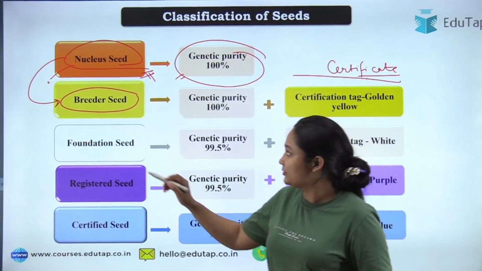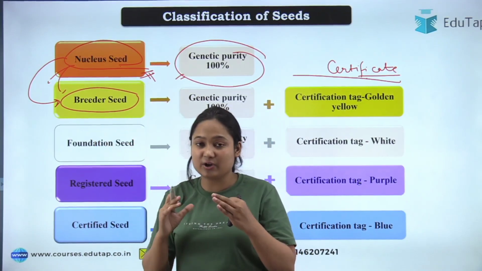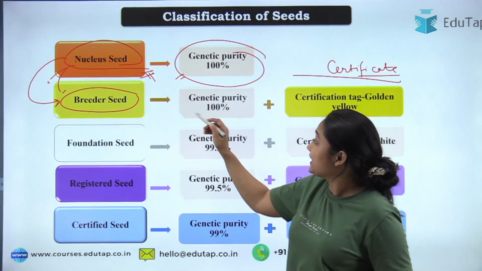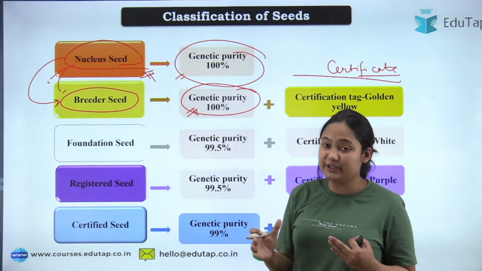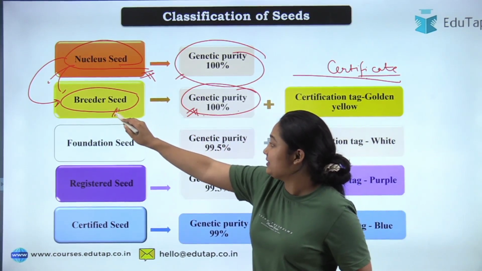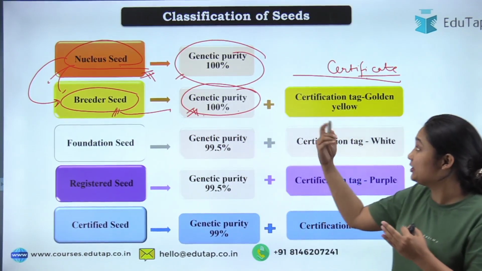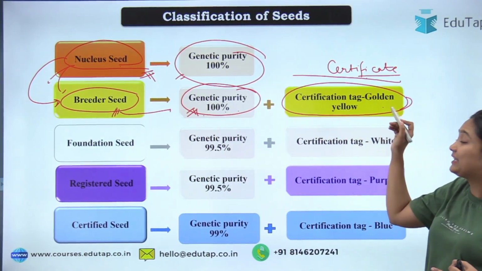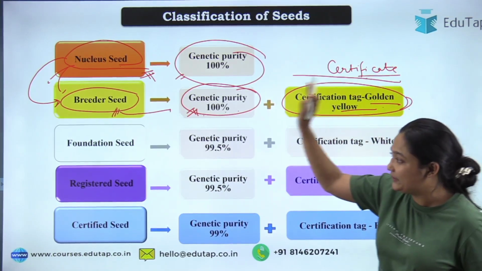They multiply your nucleus seed under guidance and supervision. Again, they will try to maintain the genetic purity at 100%, and of course it will be monitored and analyzed again. Then if the breeder seed's genetic purity is found to be 100%, you will be given a certification tag, that is a golden yellow color tag for the breeder seed.